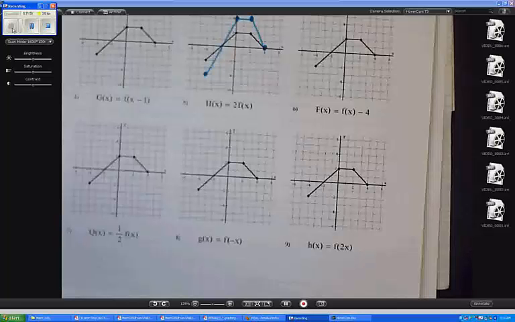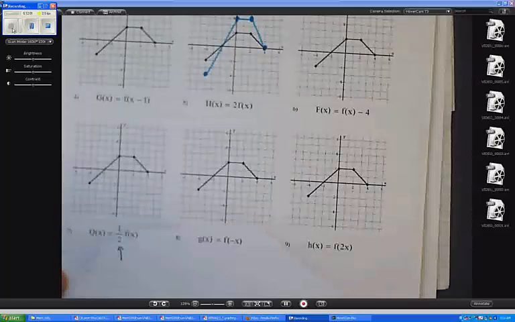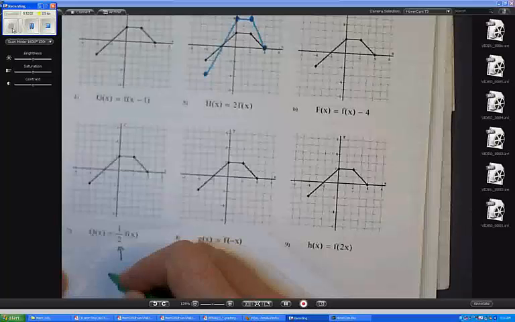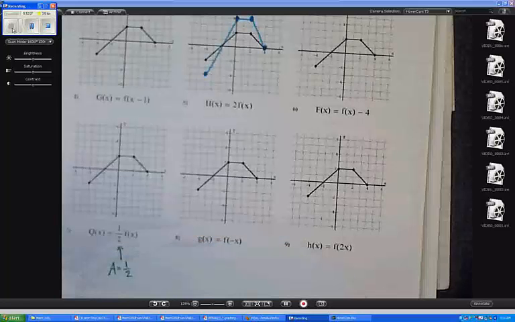Number 7? Okay. What letter is that there? That 1/2 is what letter? And a equals 1/2 corresponds to what kind of transformation? Vertical. Is it a shift or a scaling? That's a scaling, right?